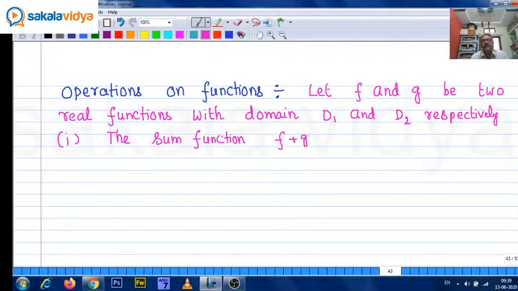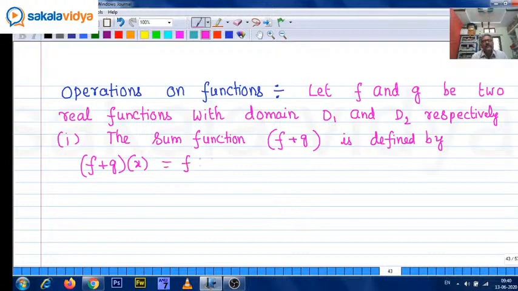It is defined by f plus g of x equals f of x plus g of x, for every x belonging to d1 intersection d2.